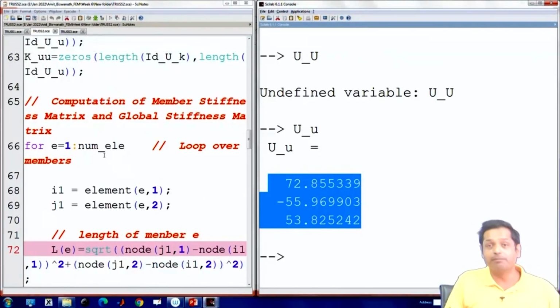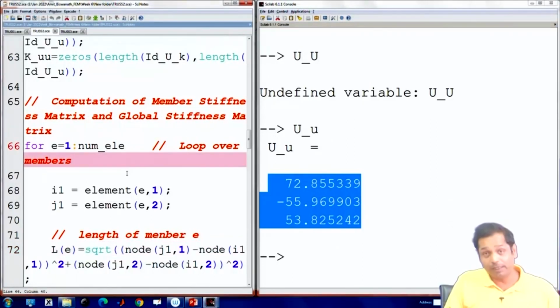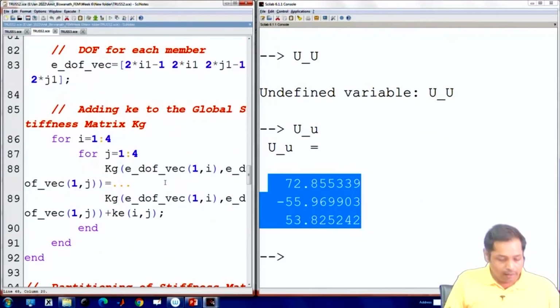Here we have given P, and L is there, but it is to be multiplied by P L by AE. Here we have given A and E as 1. So this needs to be divided by AE. Then you will get the actual displacement. P is also taken into account here.